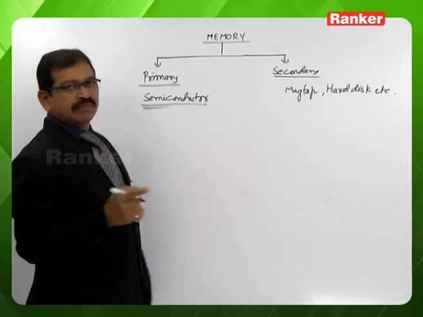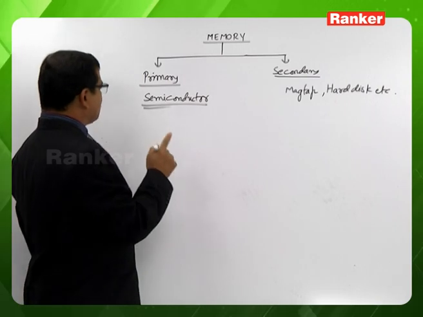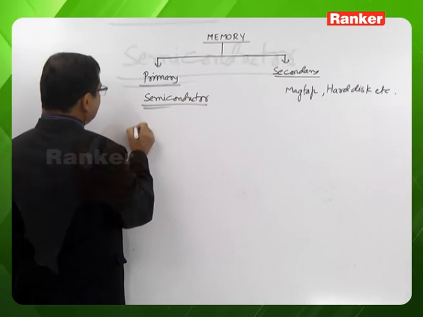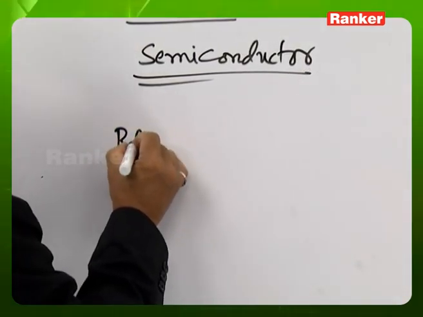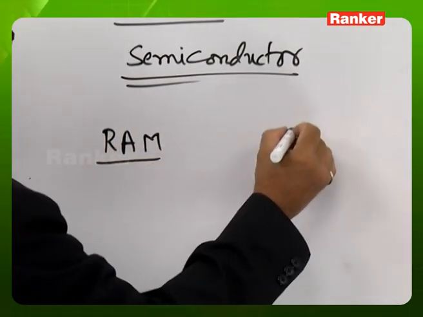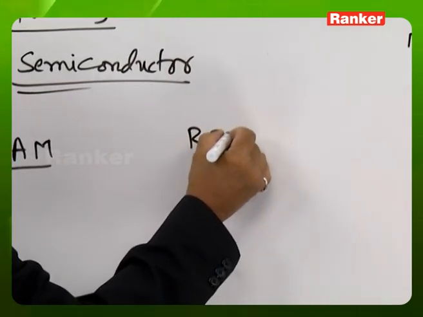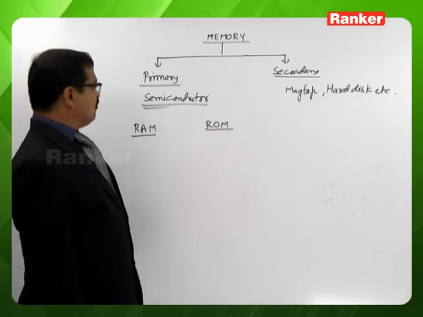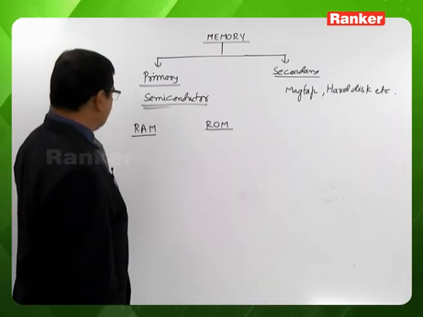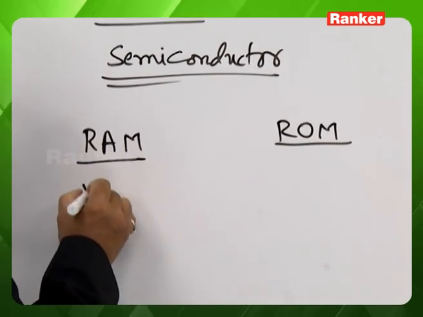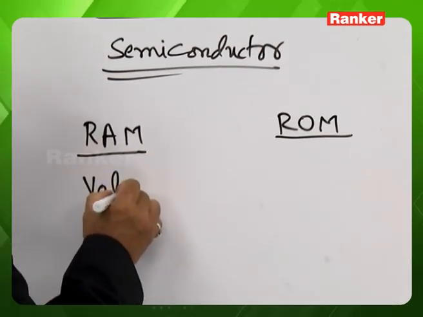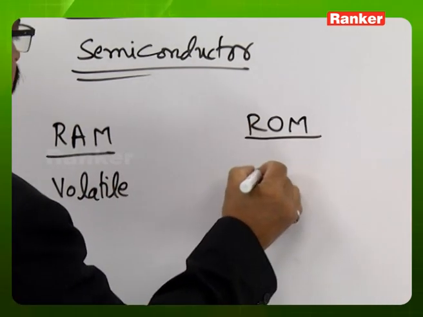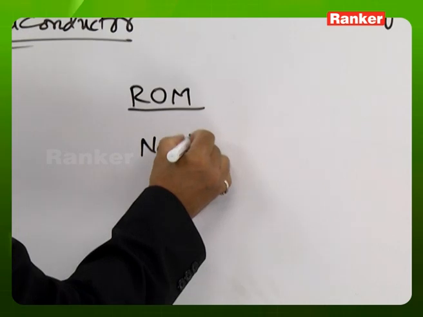Coming to semiconductor memory, one memory is random access memory and the other is read-only memory. Random access memory is volatile, whereas read-only memory is non-volatile.